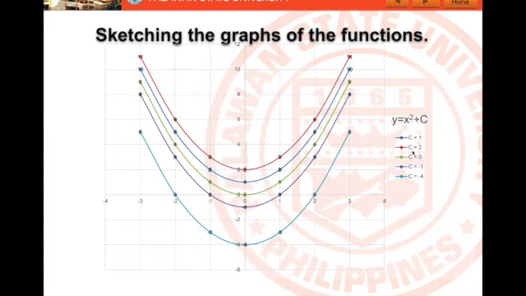The red one would be y equals x squared plus c, where c is equal to 2. As you can see, this is the family of functions, and this is the family of curves. You can see the curves are just moving the vertex along the vertical axis, or the y-axis.